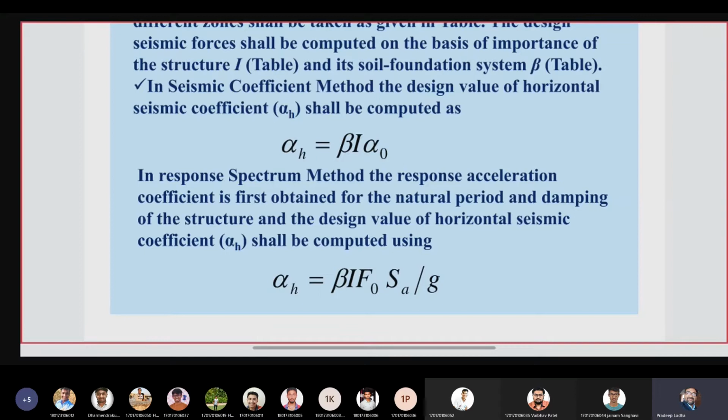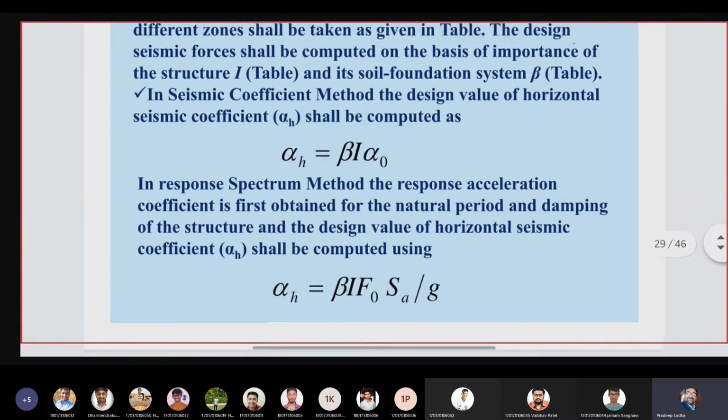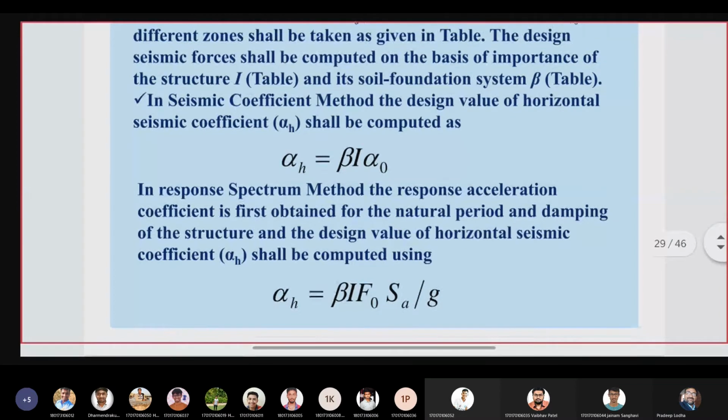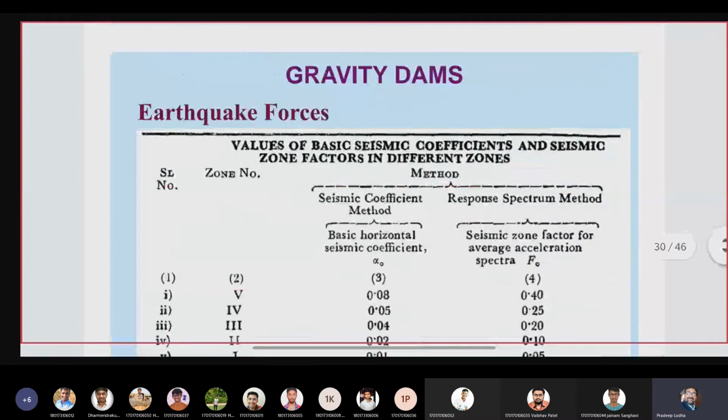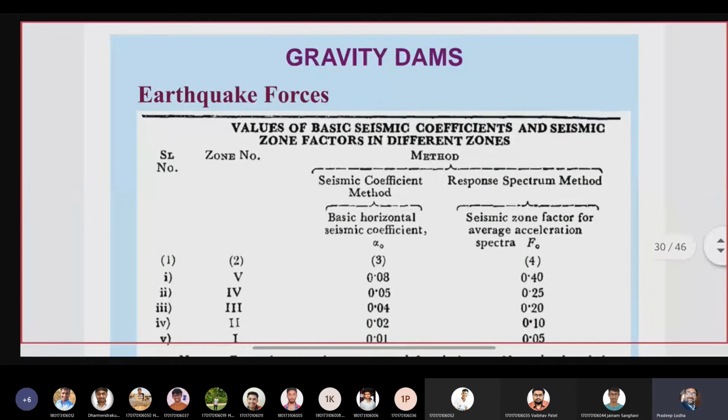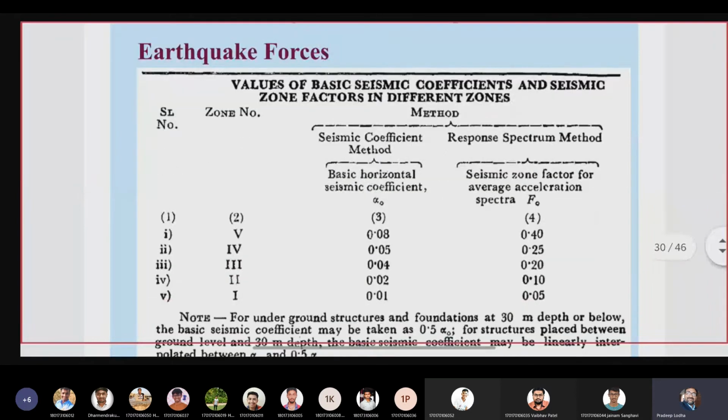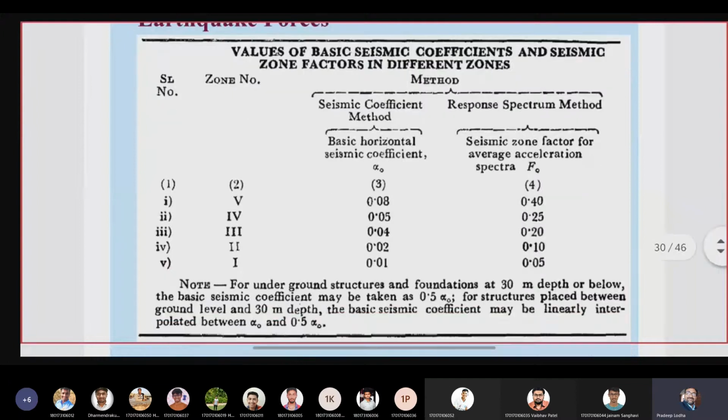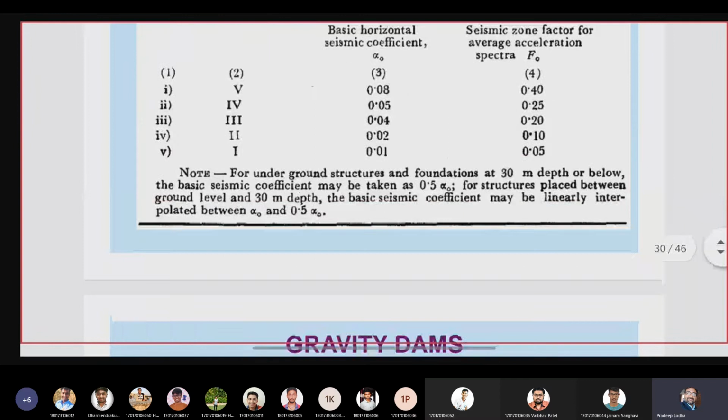Sa by g, we'll see how to calculate in subsequent slides. F0 is the seismic zone factor for the average acceleration spectra. This spectra means when we consider the vibrations of the structures and we calculate. So these values are mentioned here for F0 directly from the IS code.